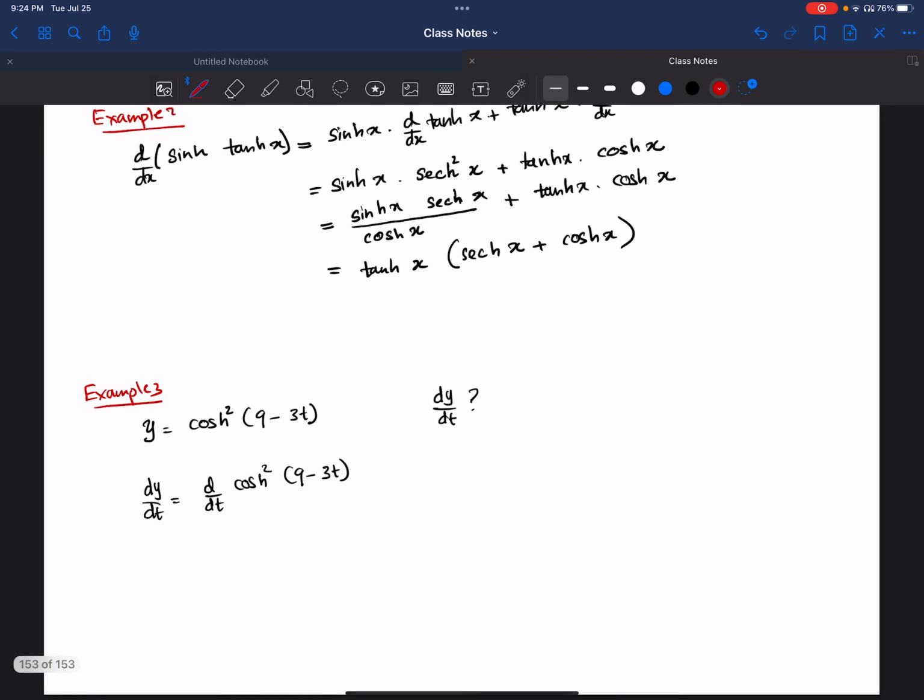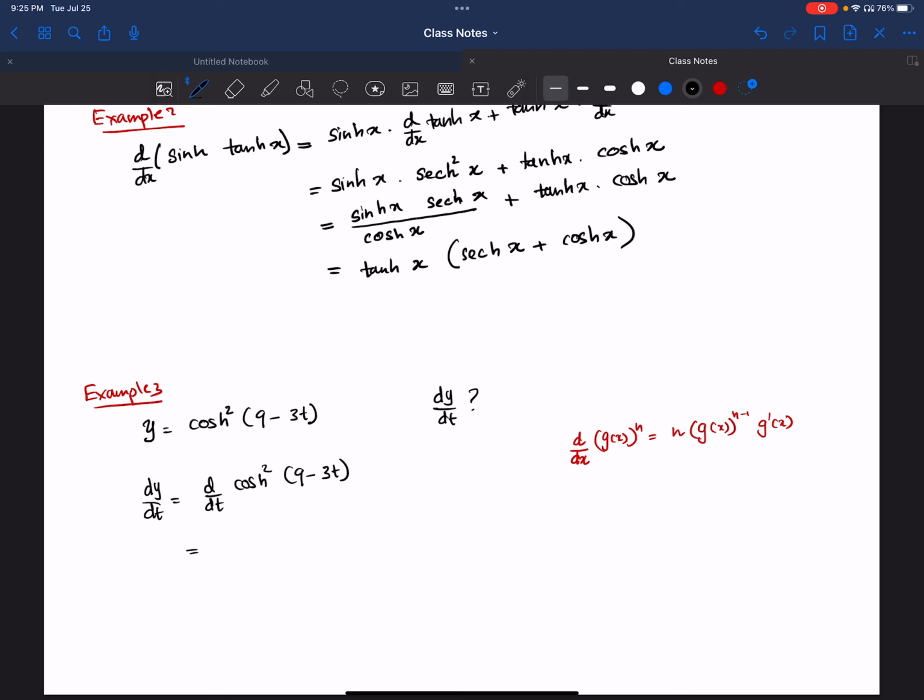I think you might remember that we did d over dx g of x to the power n is equal to n times g of x to the power n minus 1 times g prime x, or you can apply the chain rule. So I'm going to use this formula here.